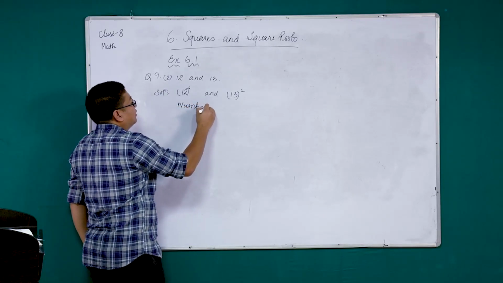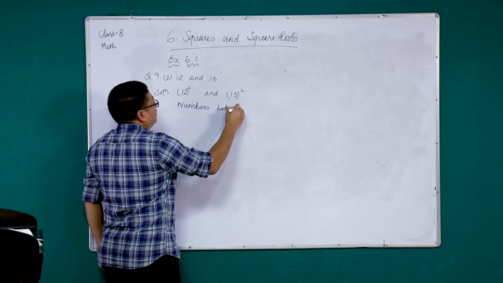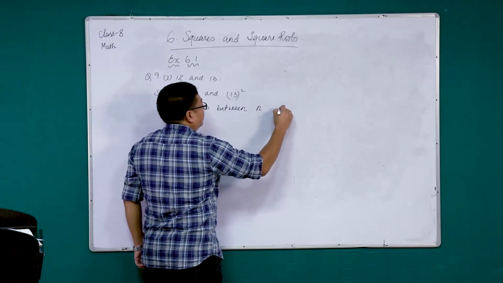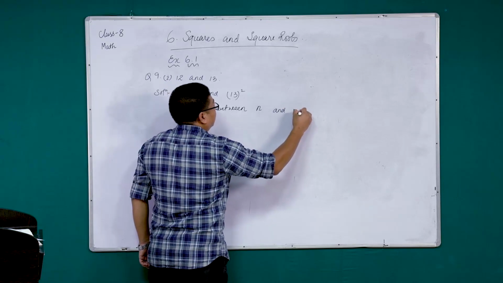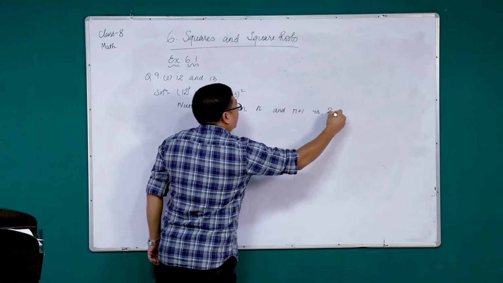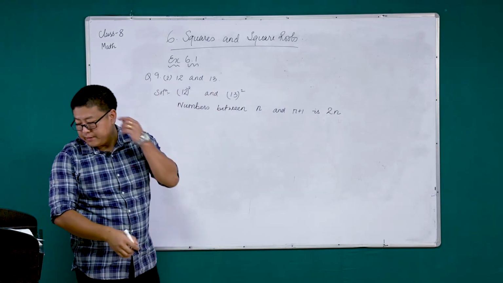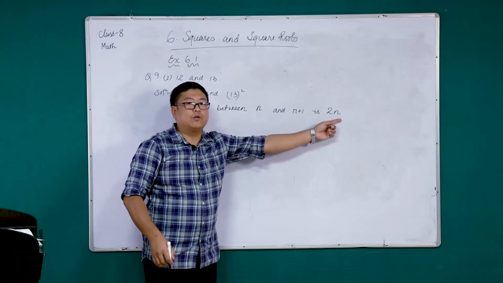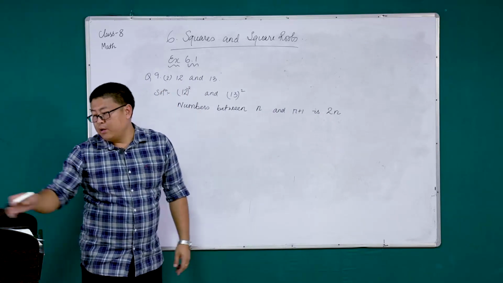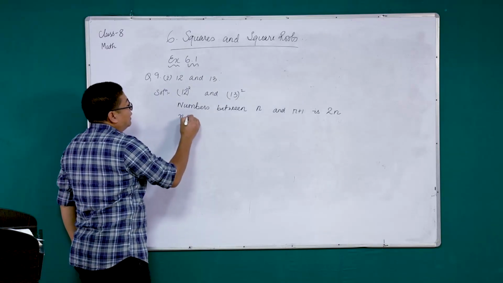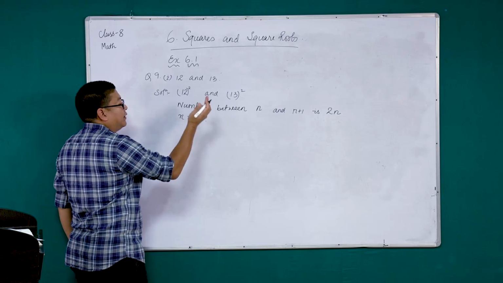Numbers between n squared and n plus 1 squared is twice of n. All right. The numbers between n square and n plus 1 square is twice of n. So here we can simply solve it like this. We know that n is 12 here, already given.